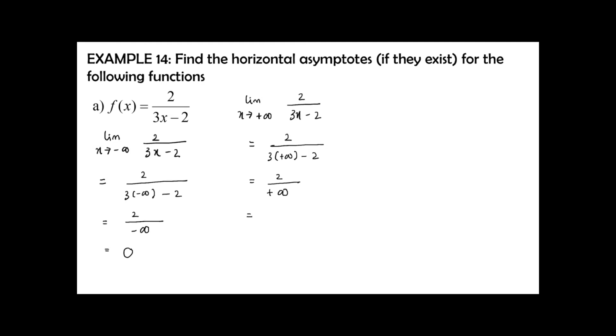As before, whenever you encounter constant over infinity, your final answer would be 0. Since for both tests you get the same constant value, we can conclude that y equals 0 is the horizontal asymptote for your function.